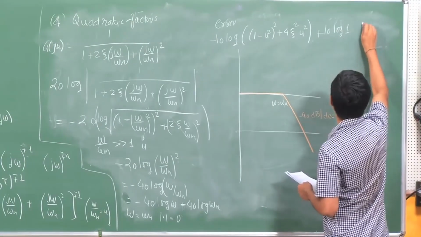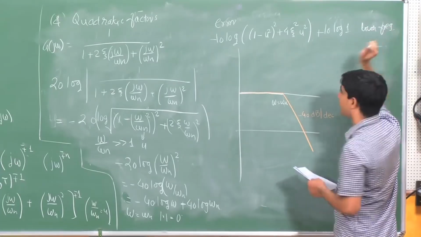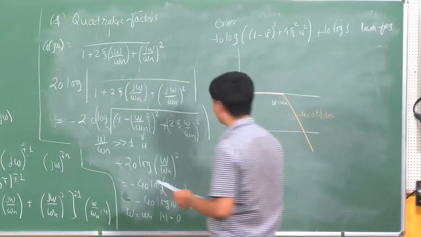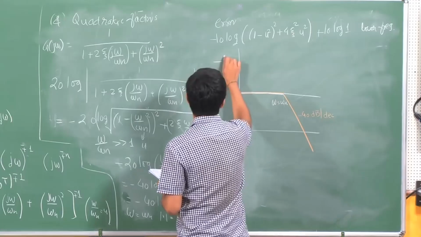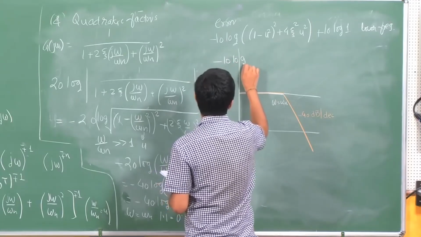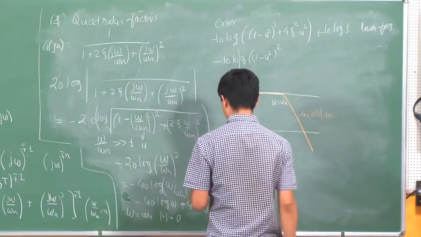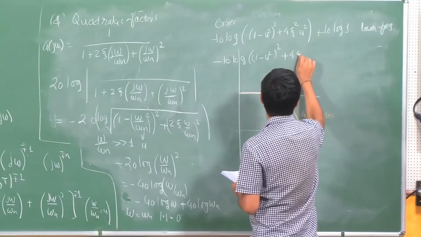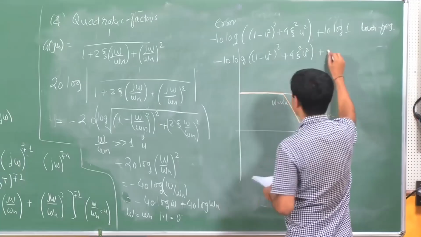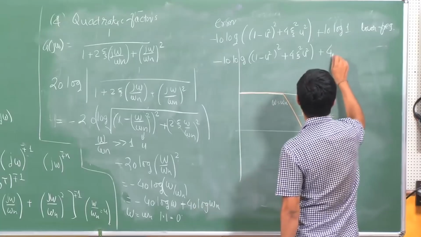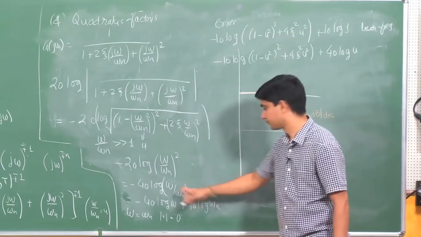This is for lower frequencies. For higher frequencies, the error would again be: minus 10 log of 1 minus u square whole square plus 4 zeta square u square, this is the actual value, plus now I have 40 log of u, the higher frequency approximation.